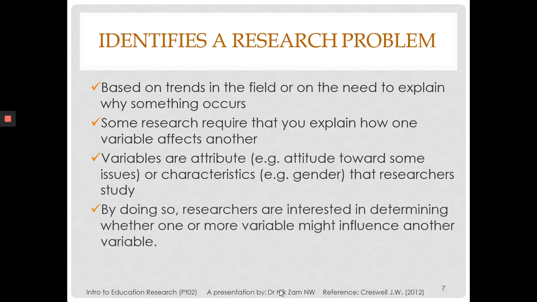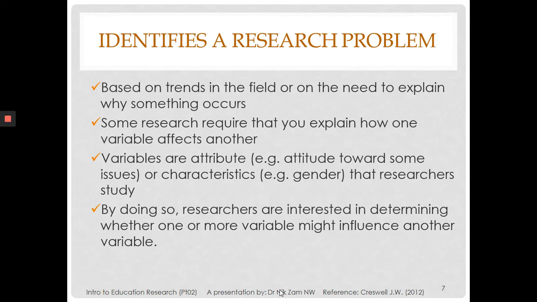By doing so, researchers are interested in determining whether one or more variables might influence another variable. So I advise you to go look into further detail in the Creswell textbook, because it provides examples for you to further understand the process. That's why what you are doing recently, you cari data kan, you are looking for data to say that, for example, fraud is a serious problem.